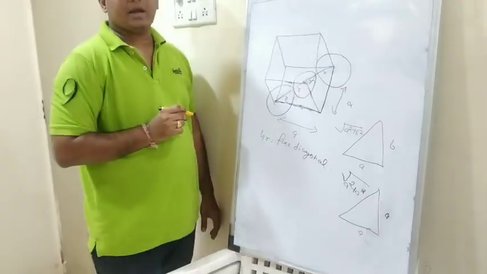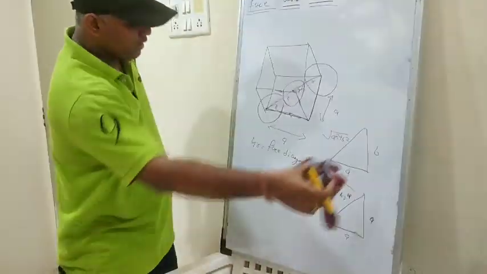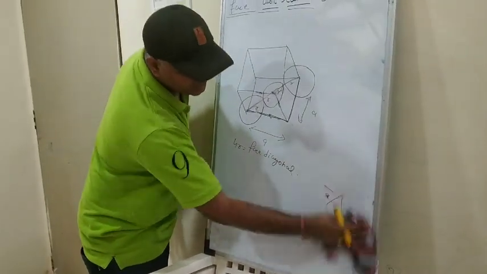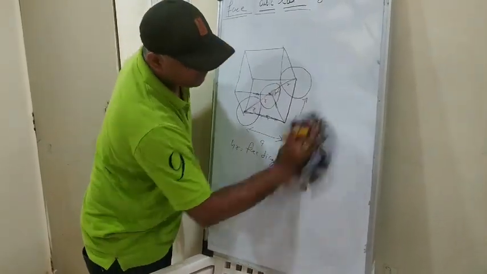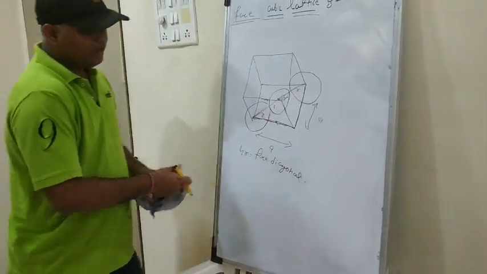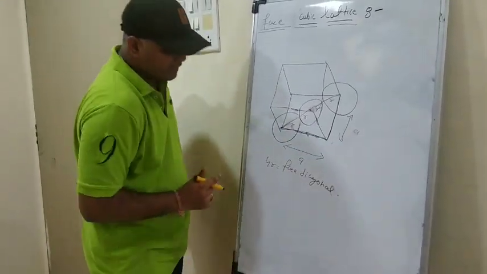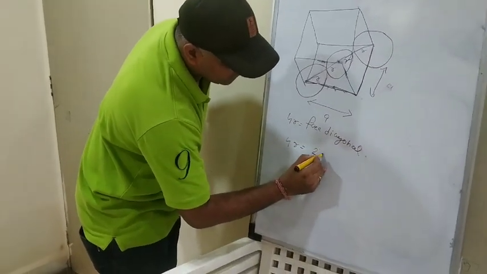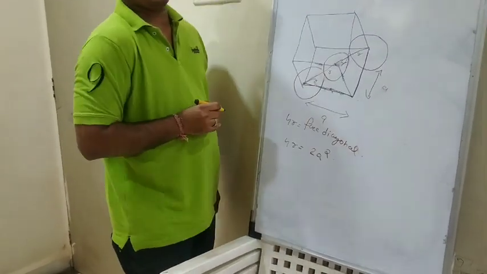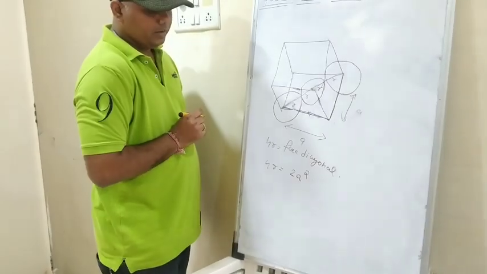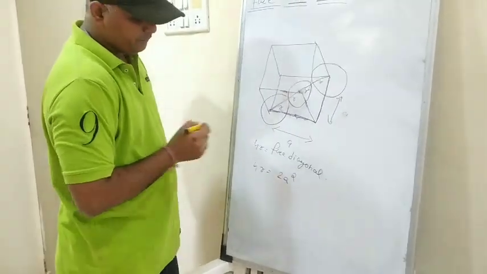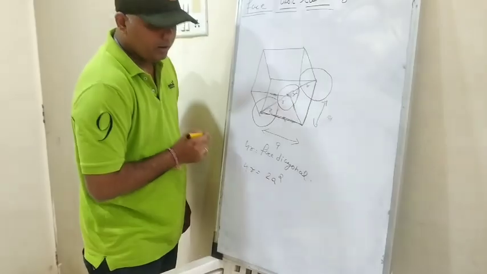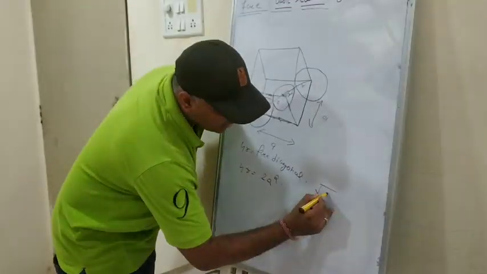Are you able to understand? Right? So this is the situation. Okay, now let's do the calculation. So 4r is equal to the face diagonal. That means 4r is equal to the square root of 2a square. Are you able to understand? It will be root 2 a square. Right? How will it be root 2a square? It will be root 2 times a.